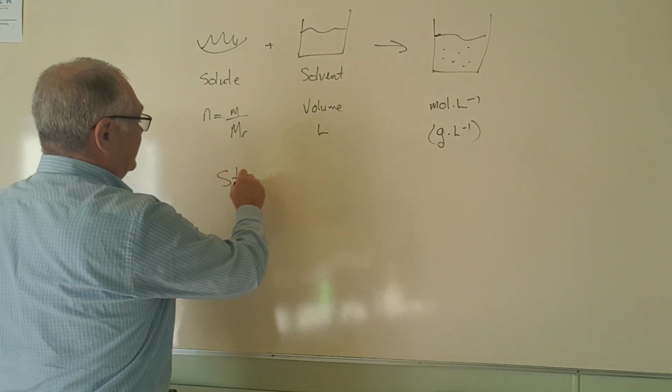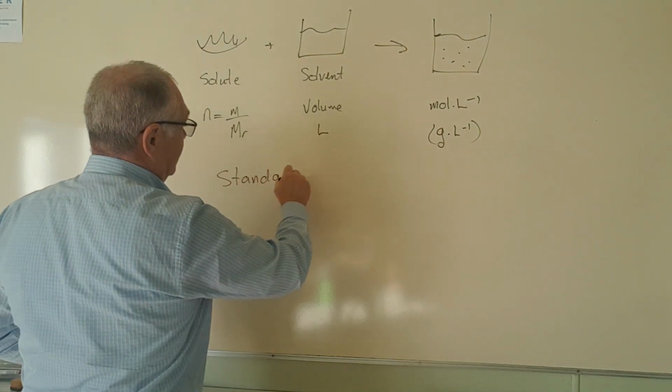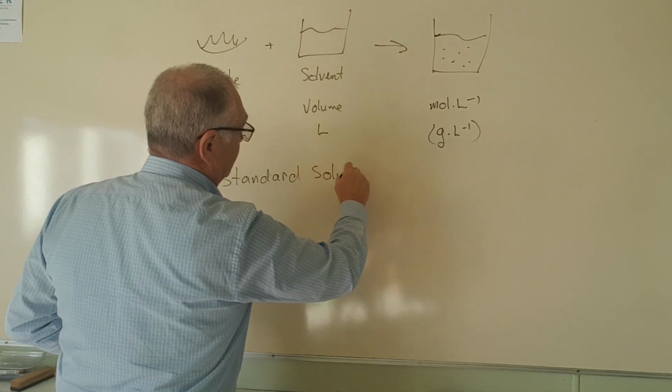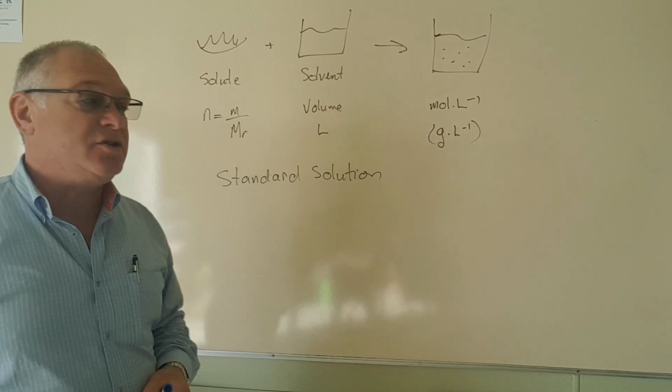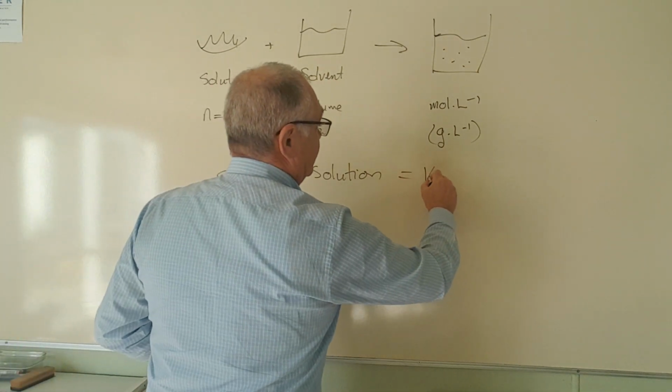Some of the other things that you need to be aware of is a term called a standard solution. A standard solution is a solution where you know the concentration.